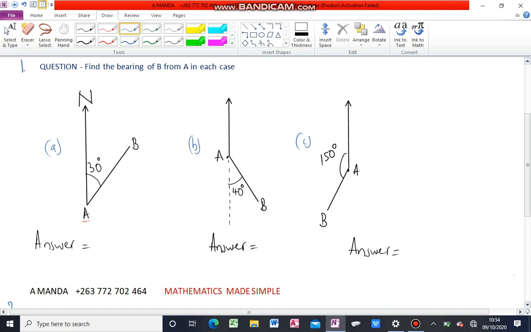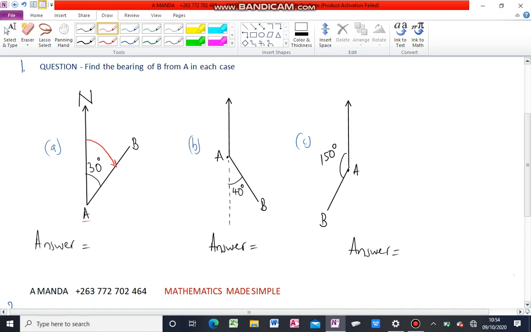We're supposed to find the bearing of B from A. A is the center. Whenever you see the word from, that's where your north line should be. So for the bearing of B from A, we're measuring our angle from this north line to this line which goes to B.